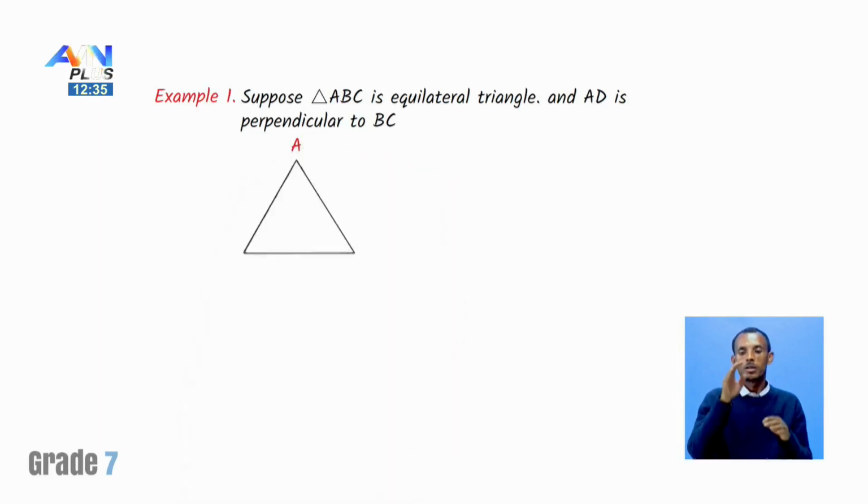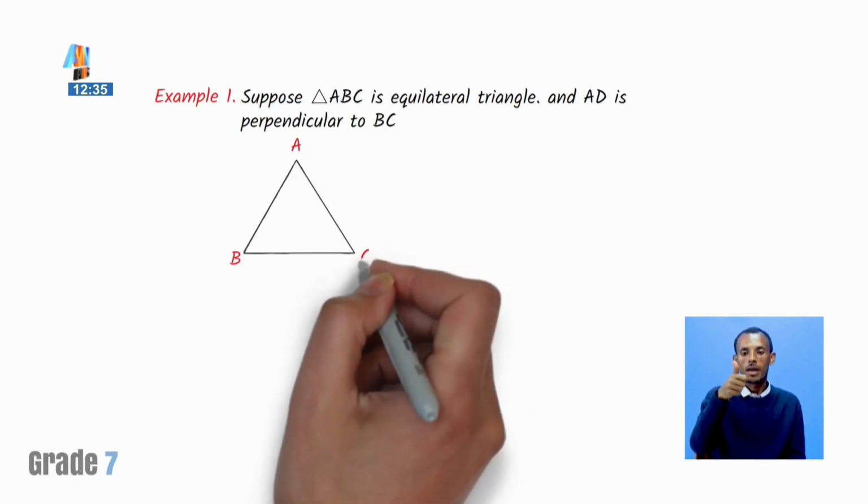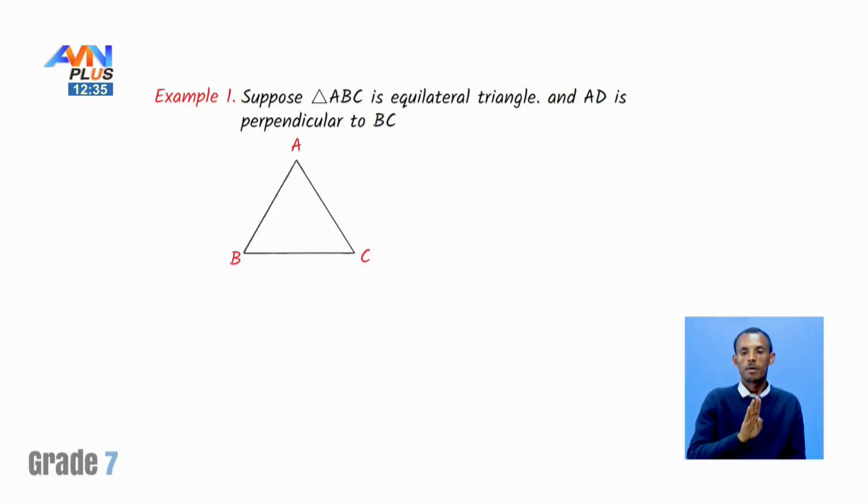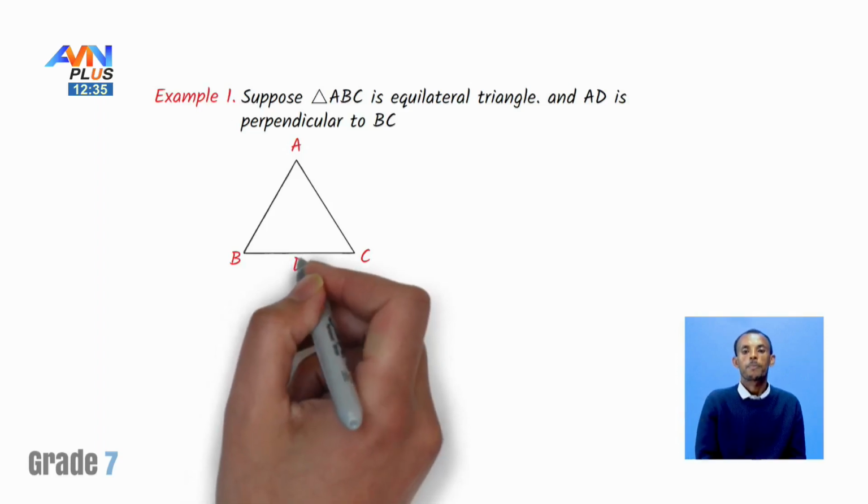An equilateral triangle is given. So this one is A, B, C. And here it says AD.